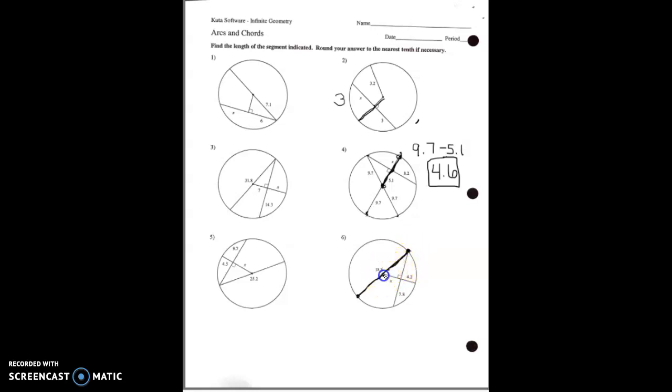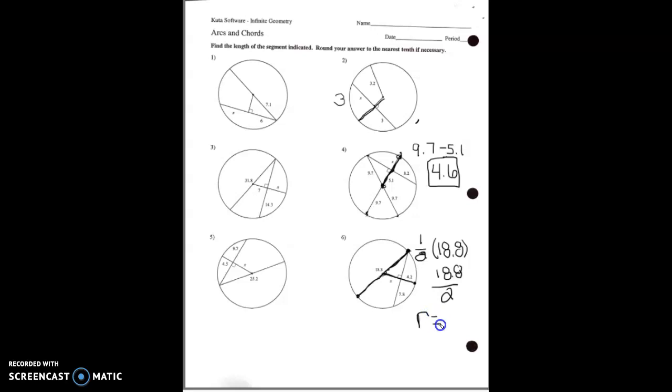So now from the center out, this little chunk right here is a radius, right? So how do we get the radius measurement? Well, we have to take half of 18.8, which really means we're entering in our calculator 18.8 divided by 2.